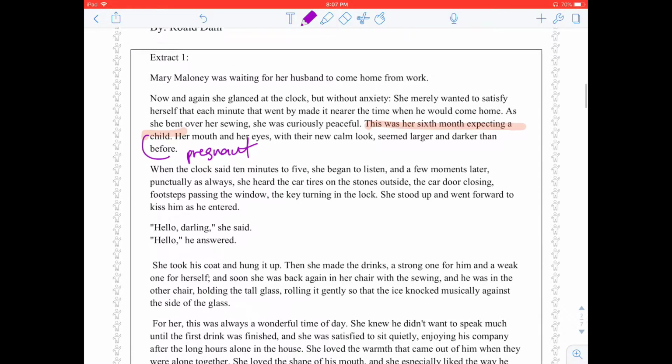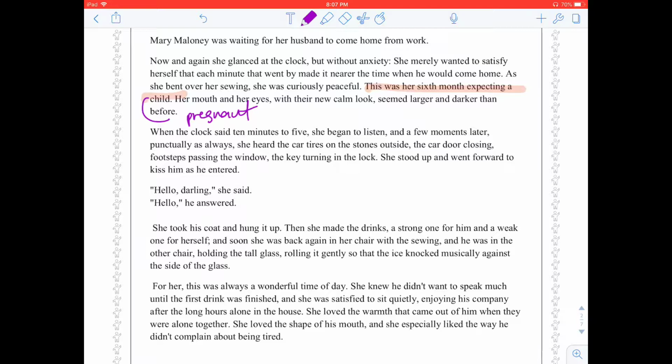And then we see her paying attention to the arrival of her husband. Look at how they actually interact here. "Hello, darling." "Hello," he answered. So as you can see here, obviously we feel a bit of tension already. Why?